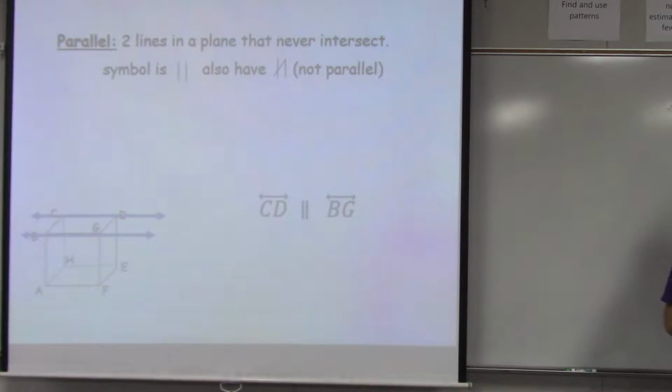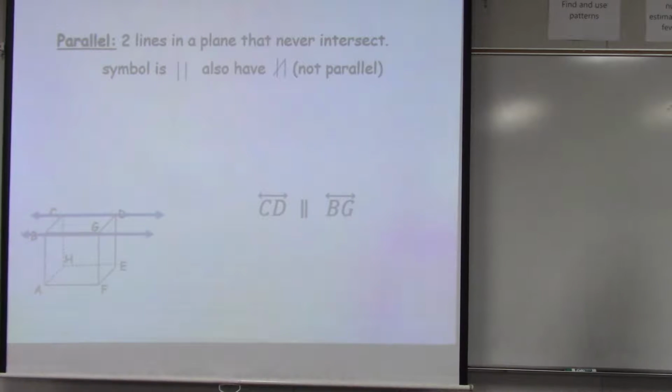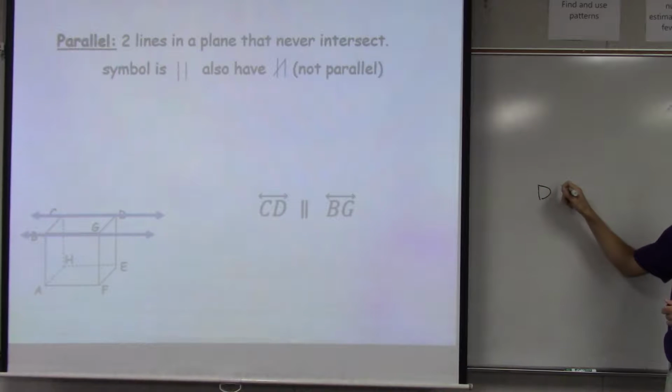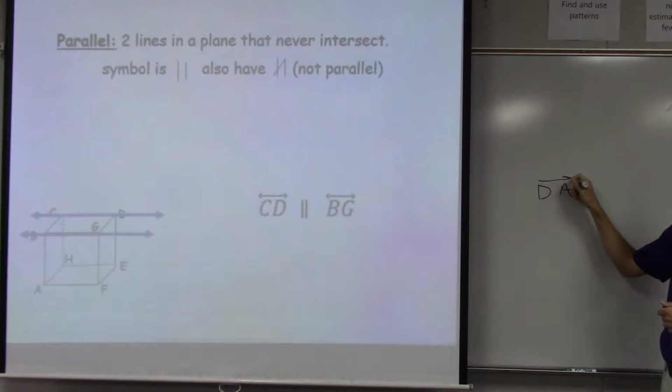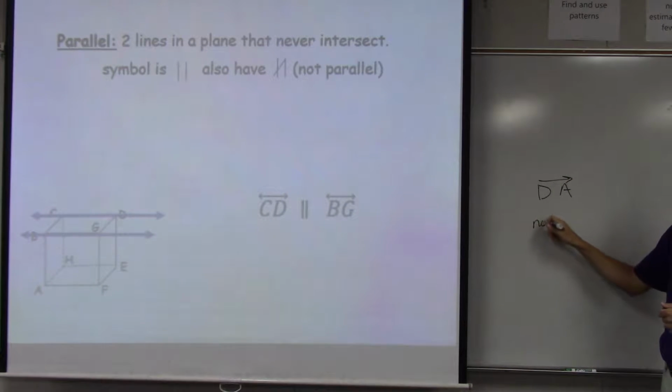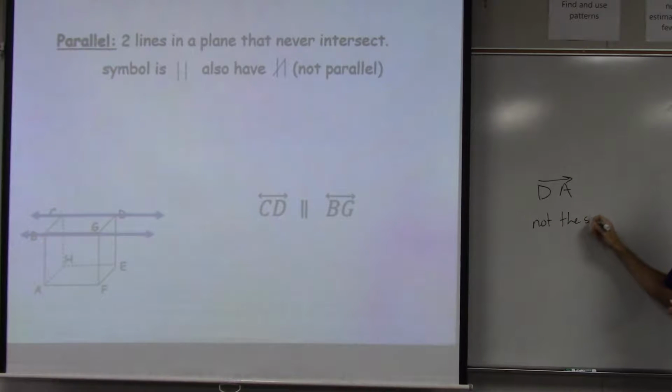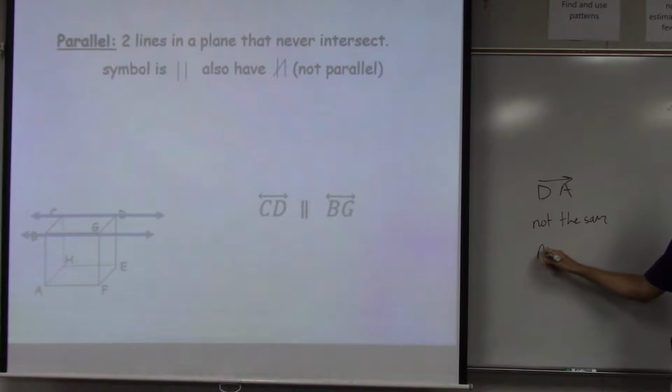Now, a point that I want to emphasize, yesterday we said that order mattered, right? We identified that to say ray DA is not the same as ray AD. And this had to do with the fact that our rays had an endpoint and a direction.